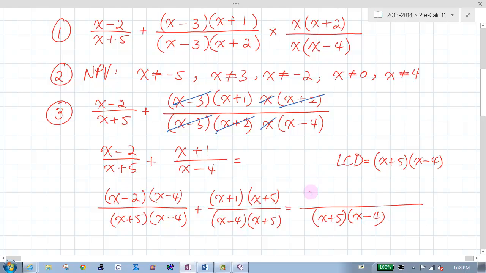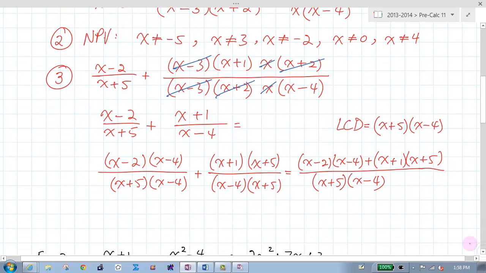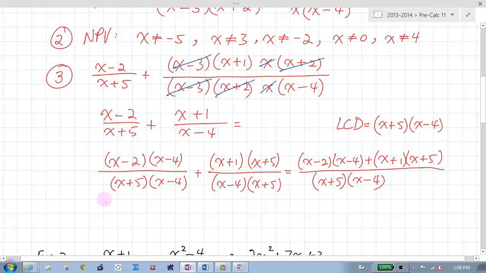The numerators, I have x minus 2 times x minus 4 plus, this plus here goes up there, x plus 1 times x plus 5. Expand the numerator and see if we can simplify.